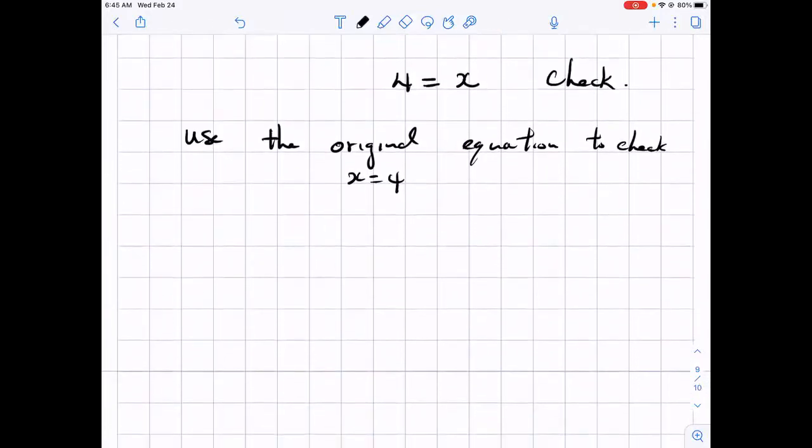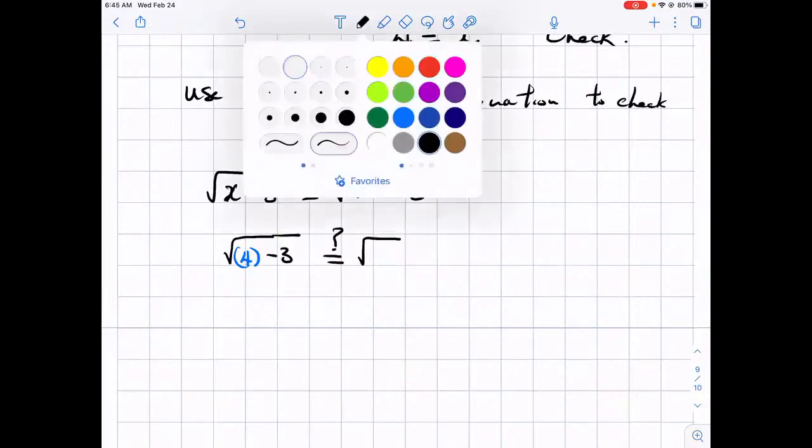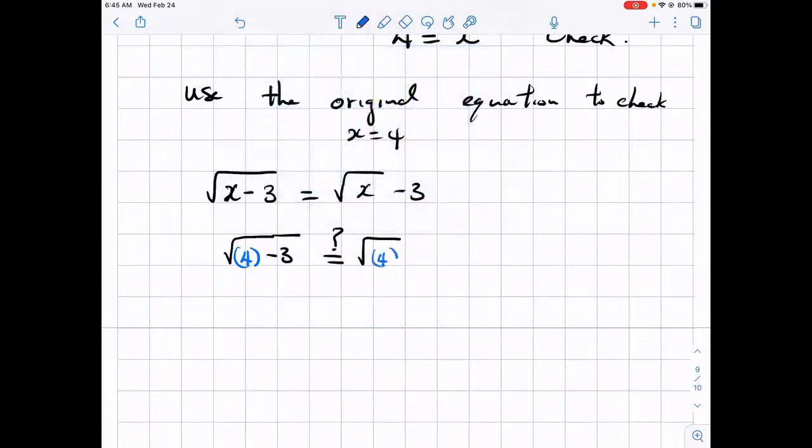So the original equation we see is the square root of x minus 3. And does that equal the square root of x minus 3 when x is 4? So let's plug in x is 4. Is that equal to the square root when x is 4 minus 3?